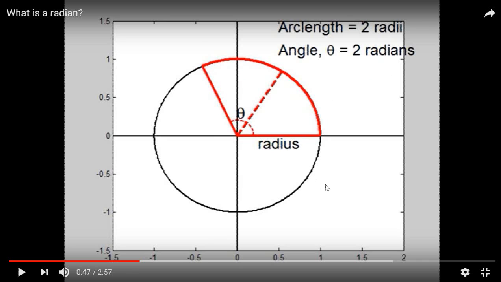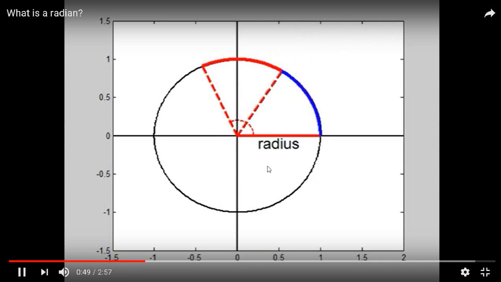Where do you think 3 radians is going to be? Any guesses? It goes real slow. You got lots of time to guess. Think it's going to be 180? No?